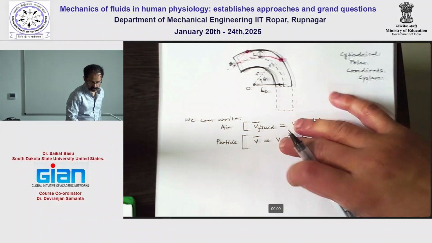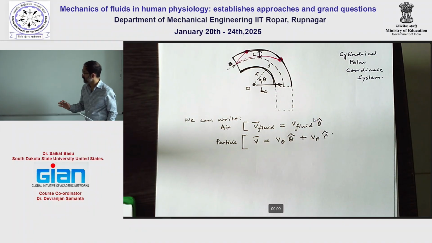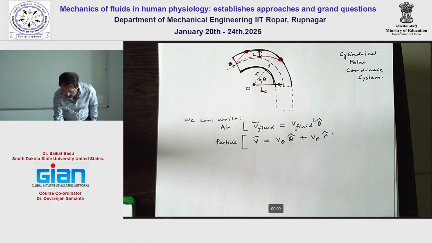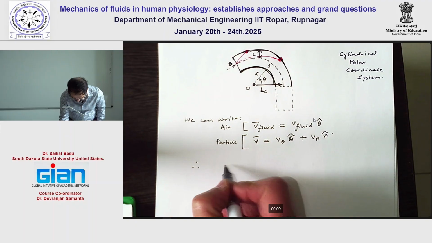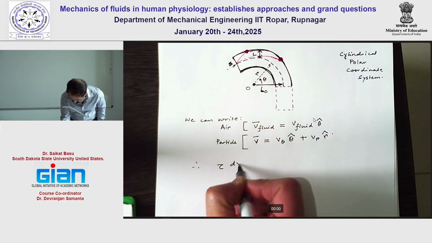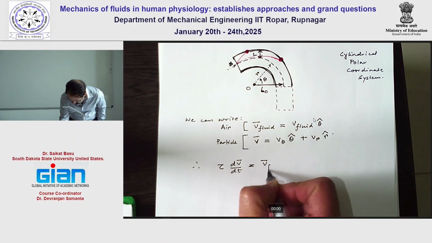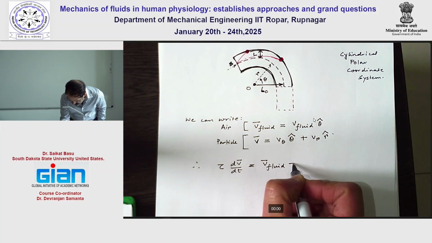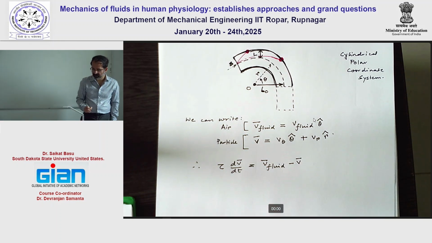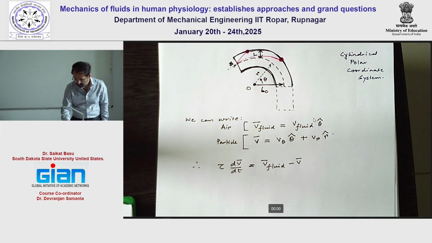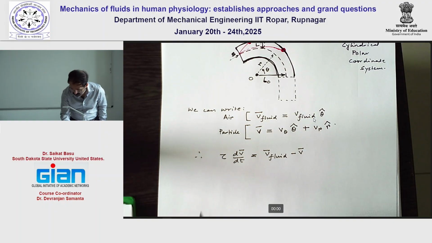So these are the two representations for the two velocities that we are trying to think about. Now let's come to the equation that we have just derived. Tau dv bar dt is v fluid minus v, right? From the previous equation. Let's now plug in what we just wrote here.